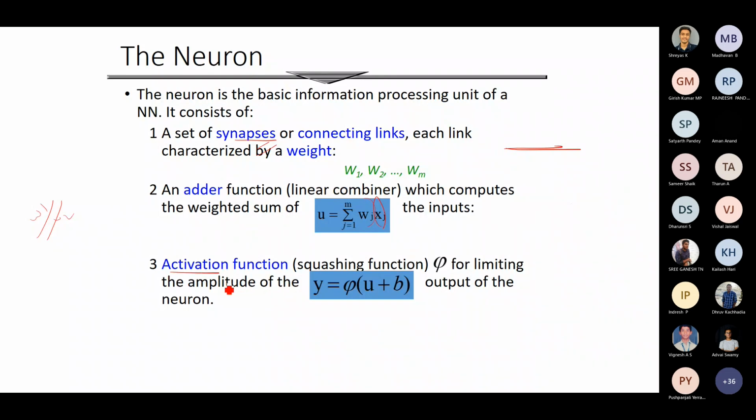This is called a squashing function, which is a function operating on u plus b. What is u? u is this sum of products, and b is called the bias. So you apply this bias and the sum of products value, and then you apply a function on top of it that is going to be your output y.